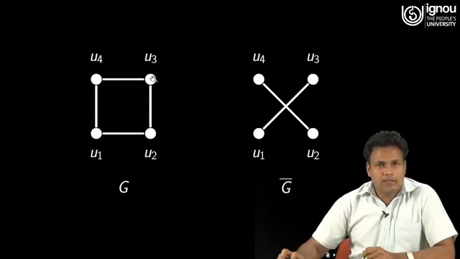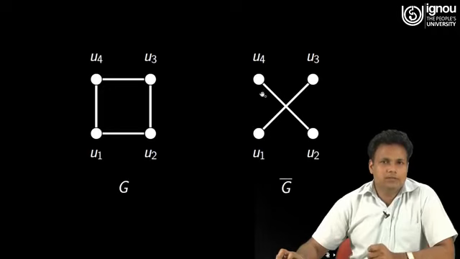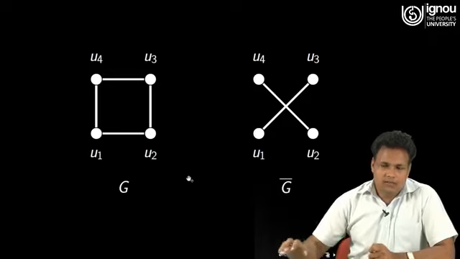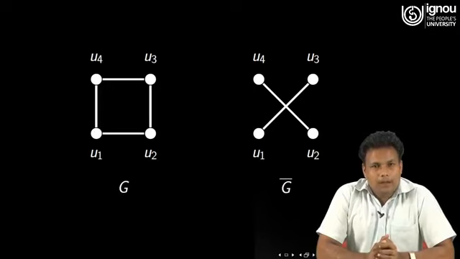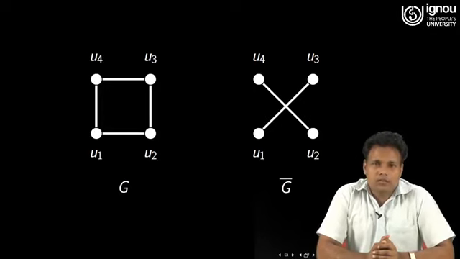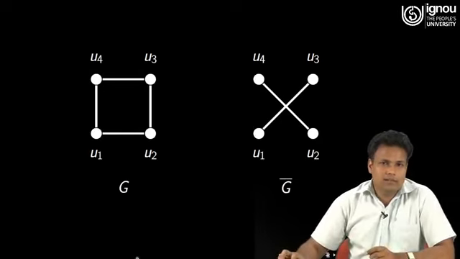So, these edges are part of G complement, right, U2, U4 and U1, U3. So, if you just take the union of a graph and its complement, what you will get is the complete graph with the same vertex set as G.